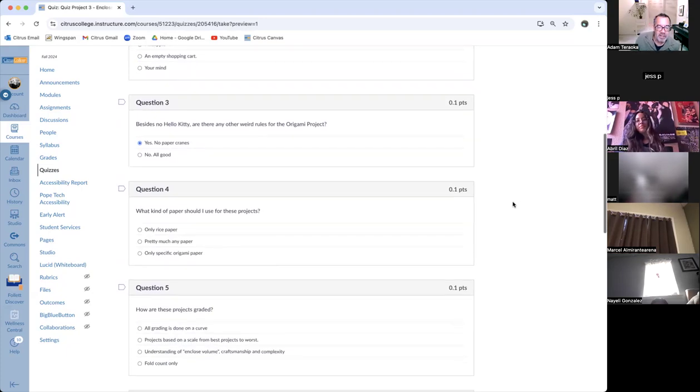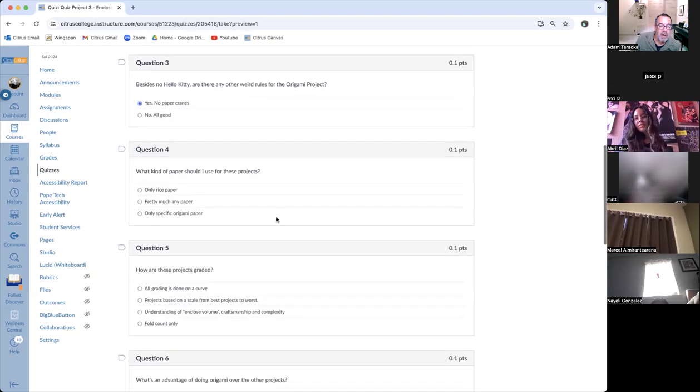All right. What kind of paper should I use for these projects? Pretty much any paper. So that's one of the reasons that at the beginning of the semester, for your supply list, I don't ask you to get paper, because if you decide to do an origami project, that's a different kind of paper than the pop-up.